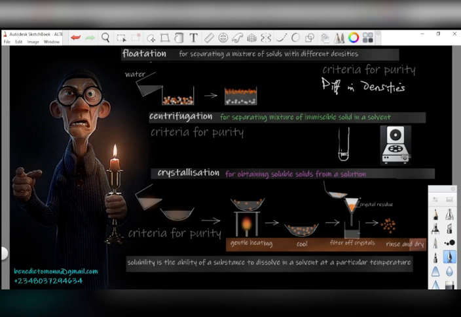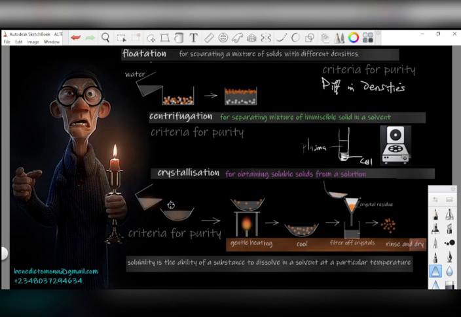You're going to have your blood cells at the base, while your blood plasma will be above. The centrifuge actually spins the whole blood sample at a very high speed, and then the separation happens.